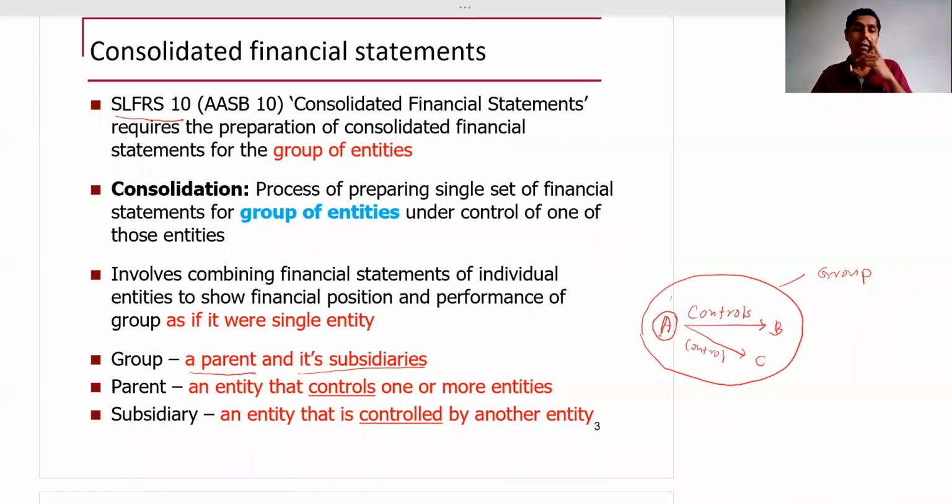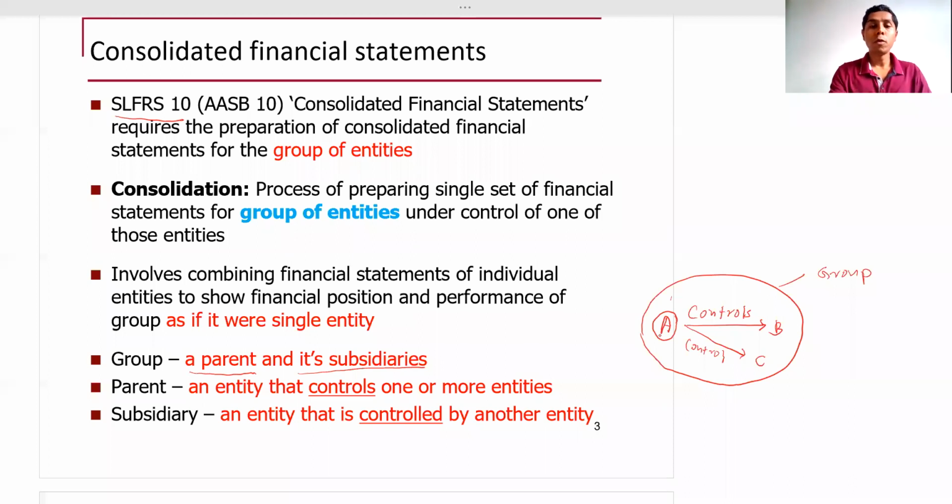Otherwise you will say a group is a collection of entities. එතකොට ඔයාලට හිතෙන විදිහට definitions දීලා හරියන්නේ නැහැ. මේ SLFRS 10 accounting standard එකේ දෙන විදිහටම definition එක දෙන්න ඕනේ. Once again, group is the parent and all its subsidiaries. Who is the parent? The entity which controls one or more other entities. Who is the subsidiary? An entity which is controlled by another entity, which is called the parent.